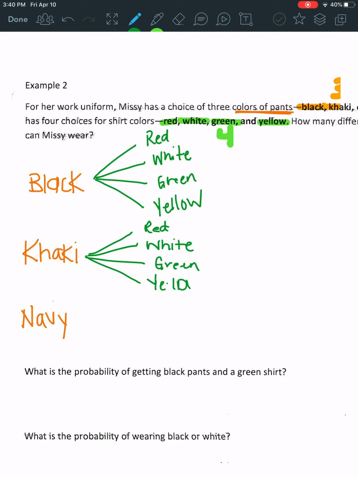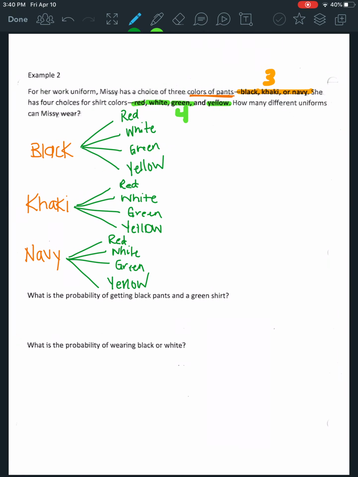Now, let's say she chose navy pants. If she has navy pants on, what color shirts could she choose? Yep, you're right. She could choose all 4 of those colored shirts again: red, white, green, or yellow. So again, there's our tree diagram.